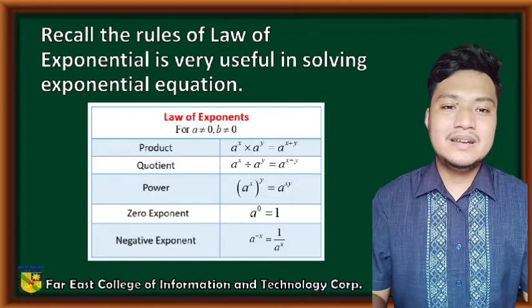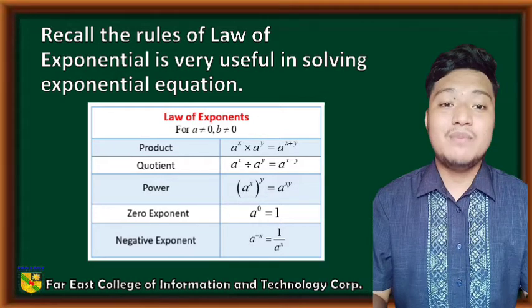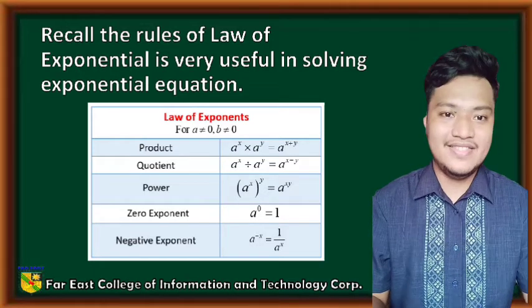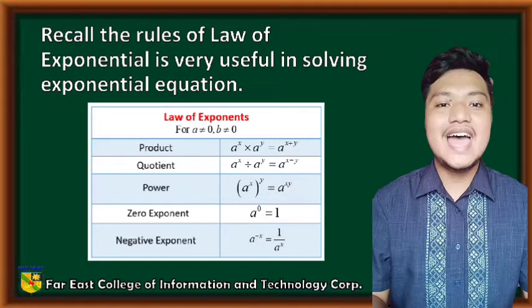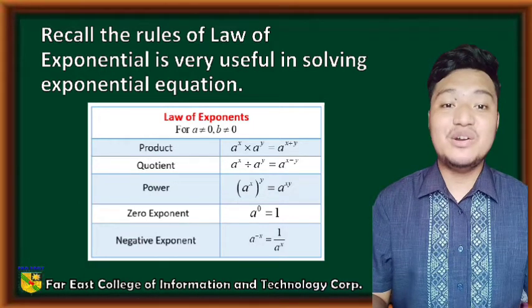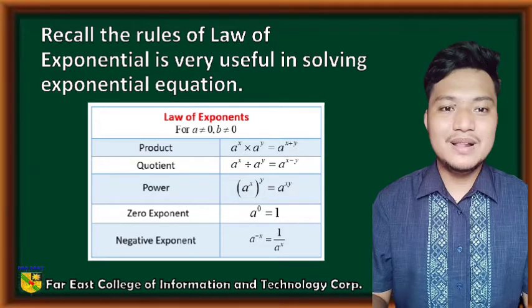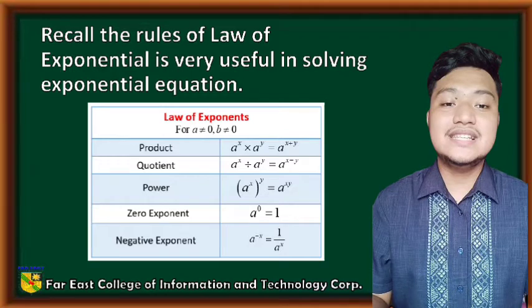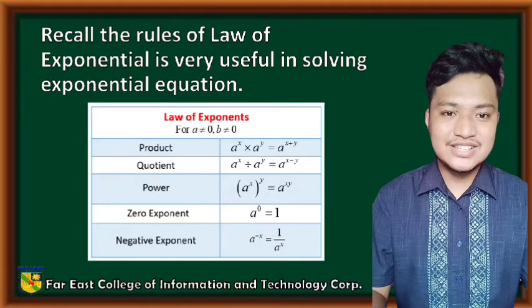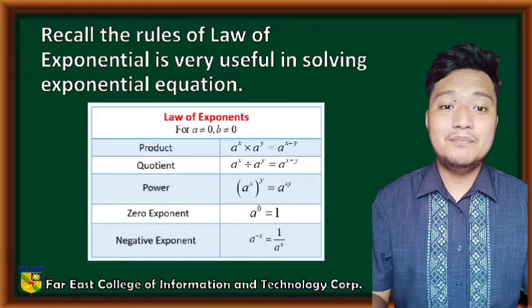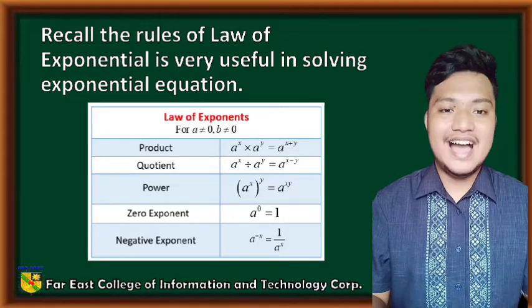Pag naman 0 yung exponent ng base natin, automatically ang answer natin ay 1. Mapa 100 yan, 1 million to the 0 is equal to 1, 1 billion, 1 trillion to the 0 is equal to 1. So, any number, basta ang power niya ay 0, always 1 ang answer natin.